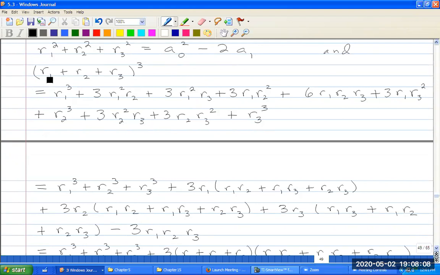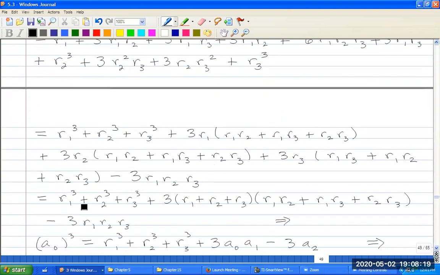So R sub 1 plus R sub 2 plus R sub 3 cubed, you could regroup, is R sub 1 cubed plus R sub 2 cubed plus R sub 3 cubed plus 3 times the product of R sub 1 plus R sub 2 plus R sub 3 times R1 R2 plus R1 R3 plus R2 R3 minus 3 times R1 times R2 times R3.